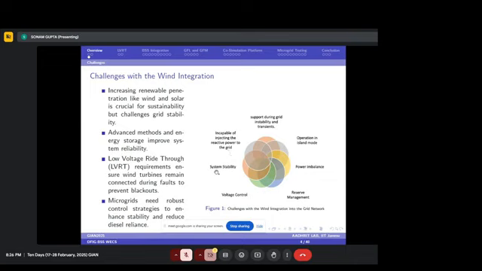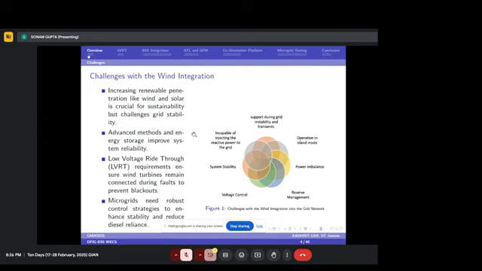The main ones are system stability, voltage control, reserve management and issues during power imbalance, and most important, challenges with grid synchronization or operation in islanded or standalone mode. So here comes the energy storage system, and other advanced methods that will ensure system reliability as well.